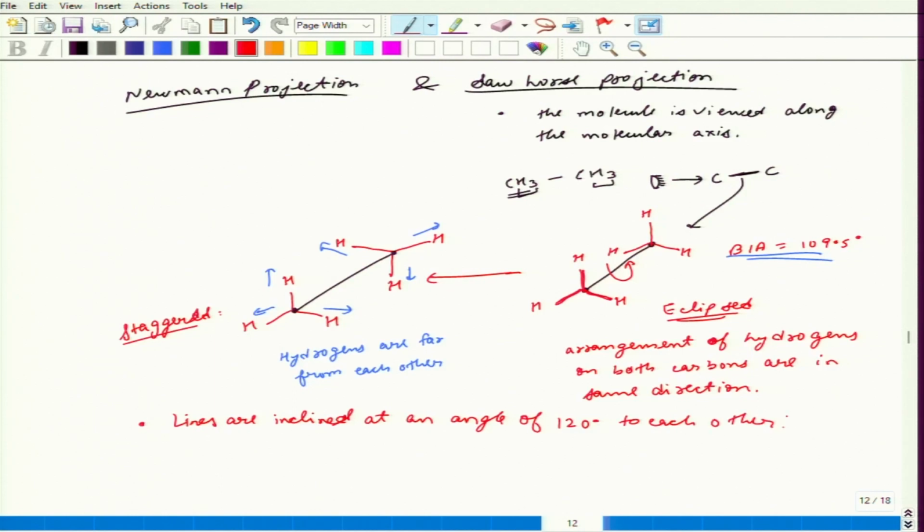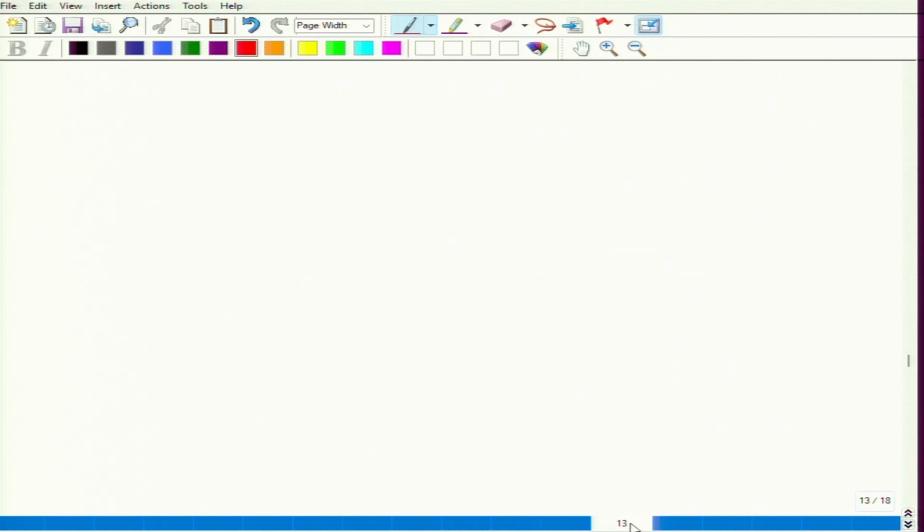So, these are the 2 cases. The staggered conformation is also possible. Till now I have discussed that I have changed the front carbon. So, this is staggered.